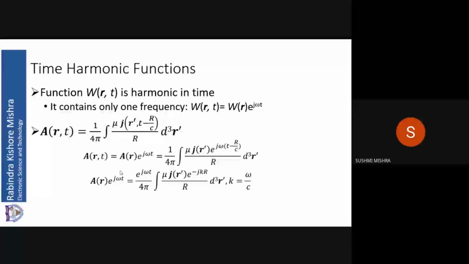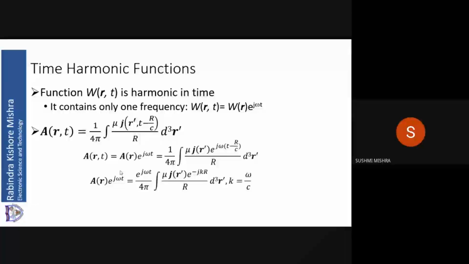So it becomes e to the power j omega t upon 4 pi, then mu and J(r') e to the power minus j omega by c into r. Omega by c is equal to k. So for that we write e to the power minus j k r upon r d³r', which means the integration is over the complete volume.